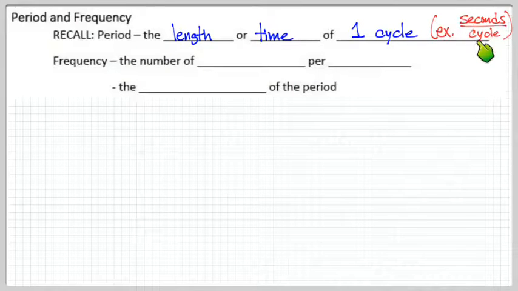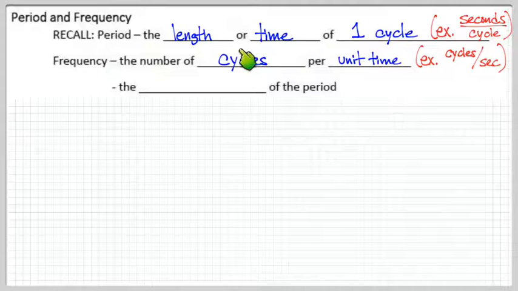Seconds per revolution, one revolution, that would be the period. When we talk about frequency, we're actually talking about the number of cycles within a specified unit of time. The units then are cycles per second, and you notice it's basically the reciprocal of the period.